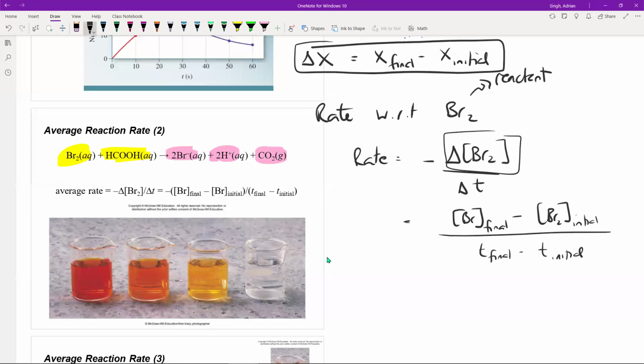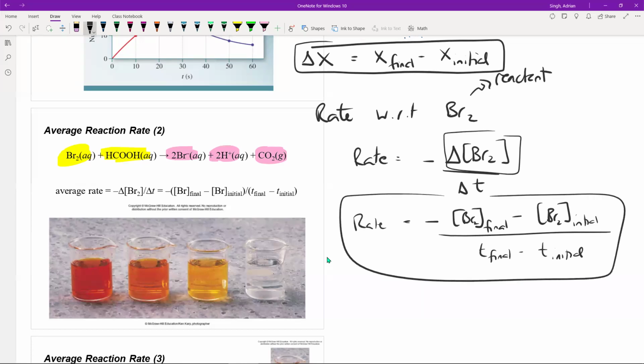And remember, bromine, Br2, is a reactant, so we need a negative sign in front. This may look slightly better than the equation that's shown here. It's the exact same thing, just written in a slightly different way. Hopefully it's easier to interpret. So this is the average rate that we can express.